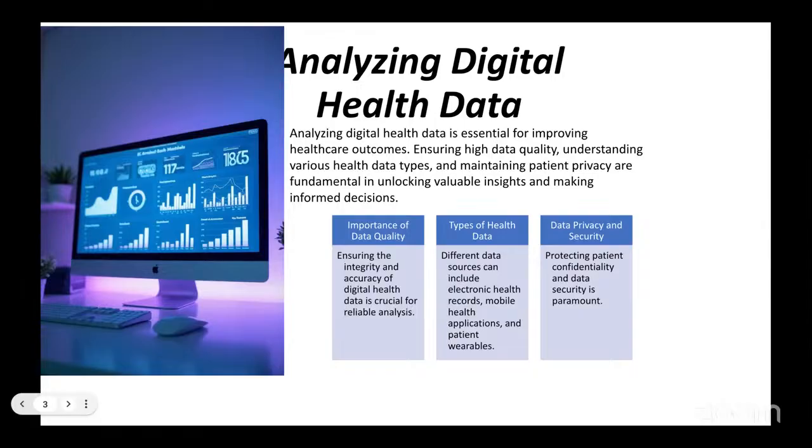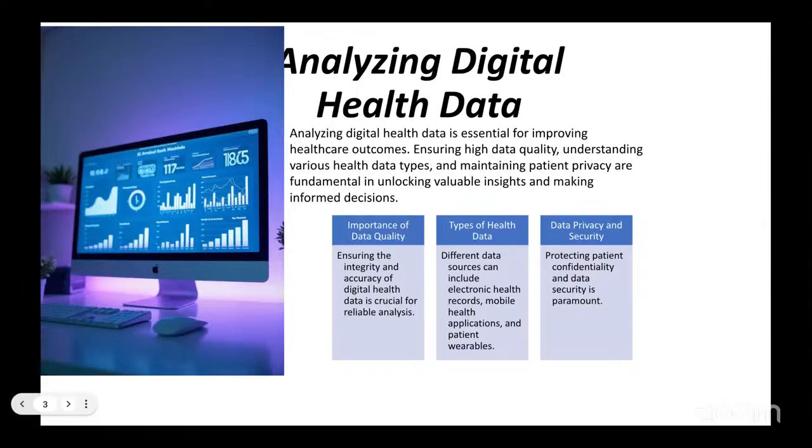So that is where the analysis comes in. We are trying to manipulate the data so that we can make some useful sense or information out of the data.